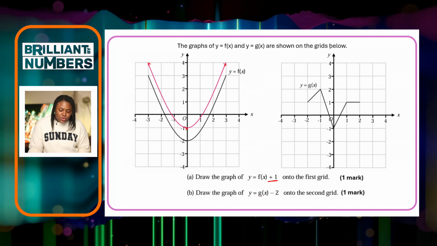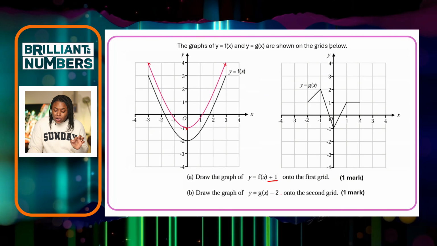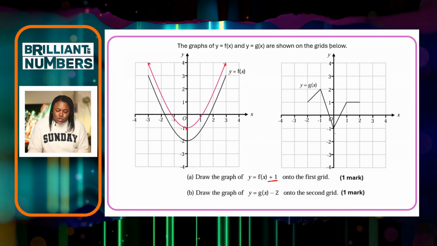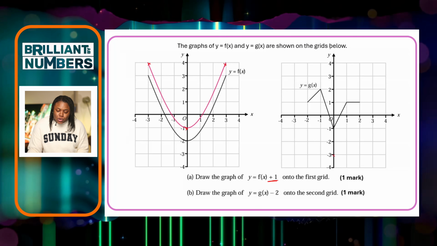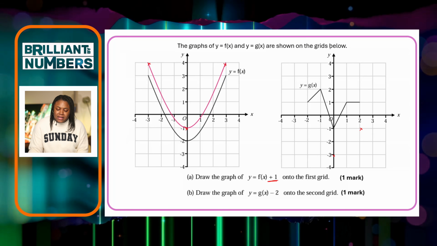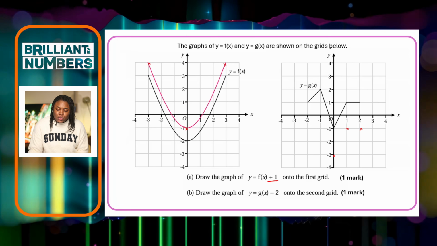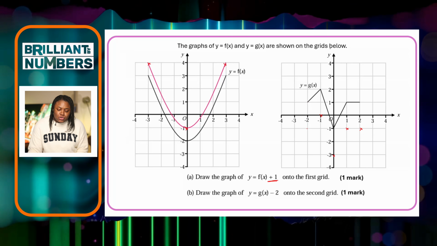Now we are asked to do g of x minus 2. I bet you can figure out changes outside the bracket. Each point is going to go 2 places down. So from here, 1, 2, new coordinate here. This one, 1, 2, new coordinate here. This one, 1, 2, new coordinate here. Next side, 1, 2, and then 1, 2.